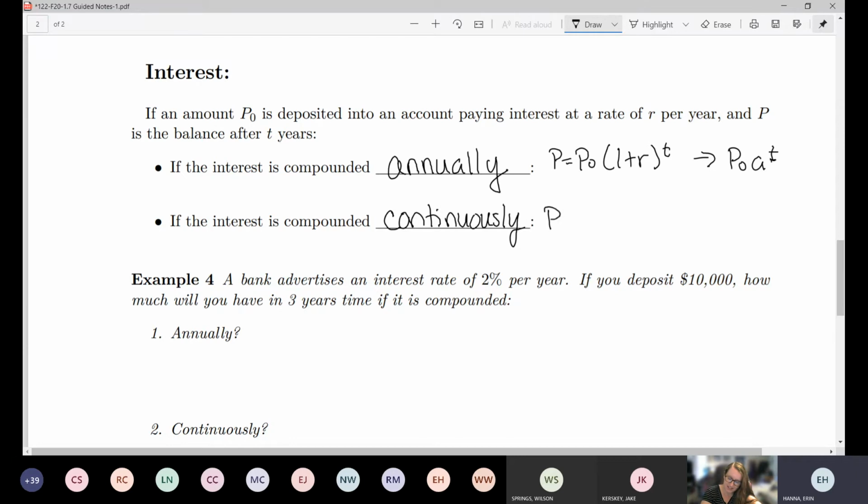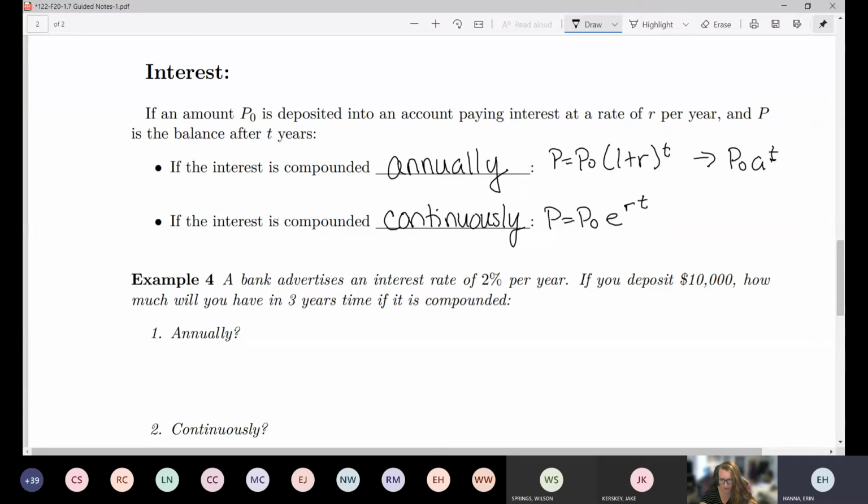And then continuously, it's usually written as P naught e to the RT, because a lot of people will just say PERT. So if you've heard PERT before in your life, that's probably what they're referring to.